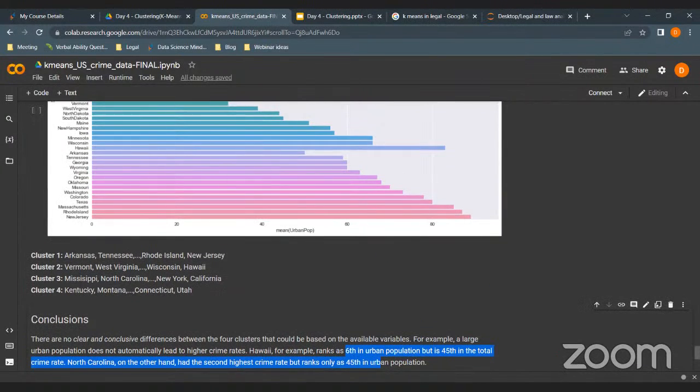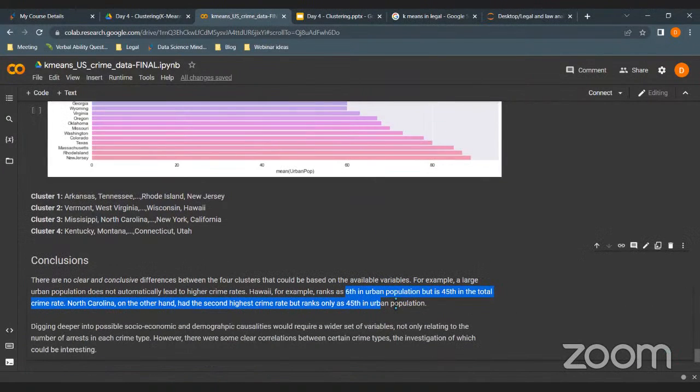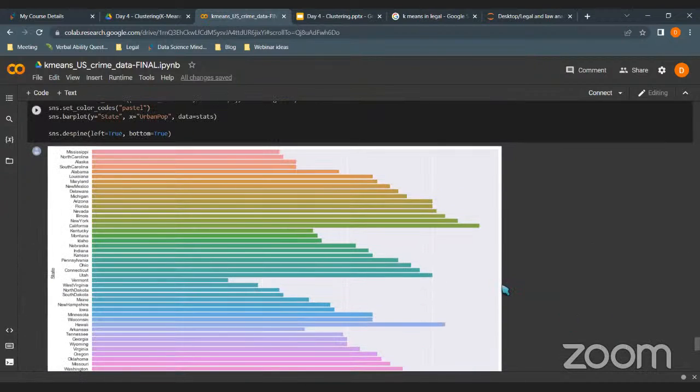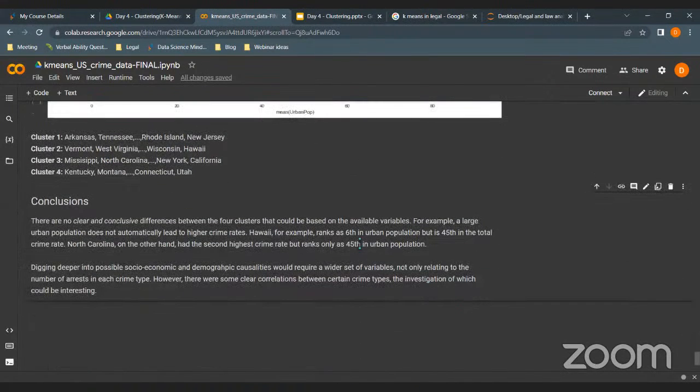So we cannot say that a higher urban population means a higher crime rate. North Carolina has the second highest crime rate, but it doesn't have that much urban population.